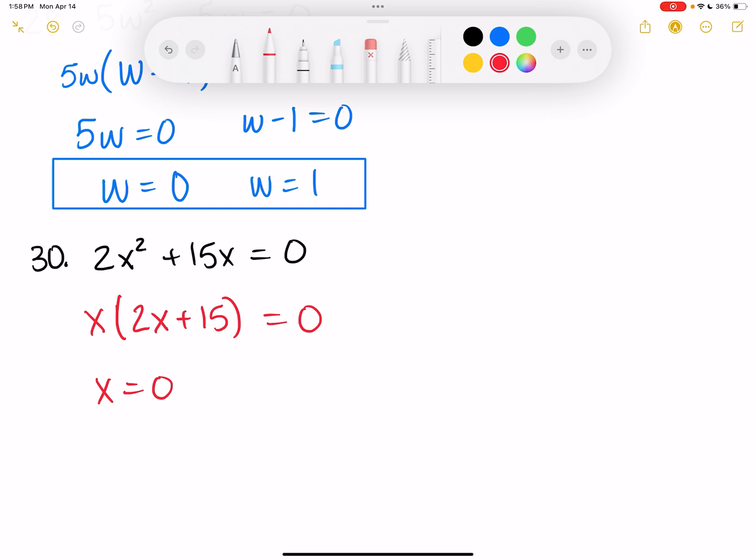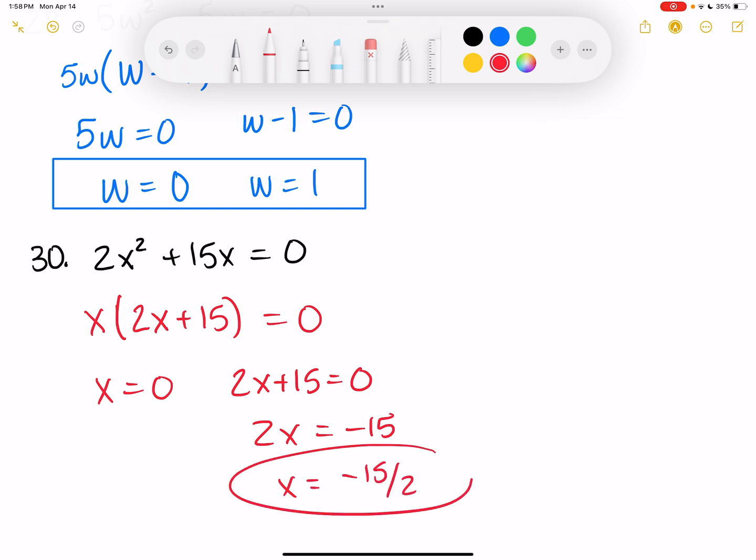And then the other one, 2x plus 15 equals 0. So I'm going to subtract the 15. So 2x equals negative 15. Divide by 2. X equals negative 15 over 2. So I have x equals 0, and then also x equals negative 15 over 2.